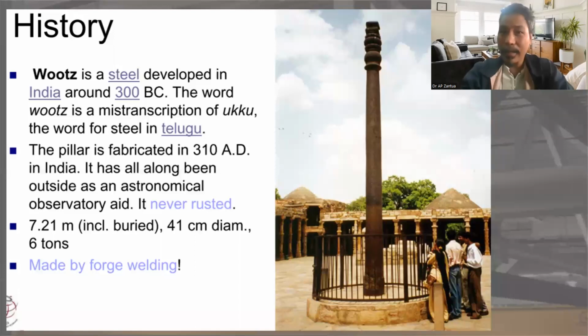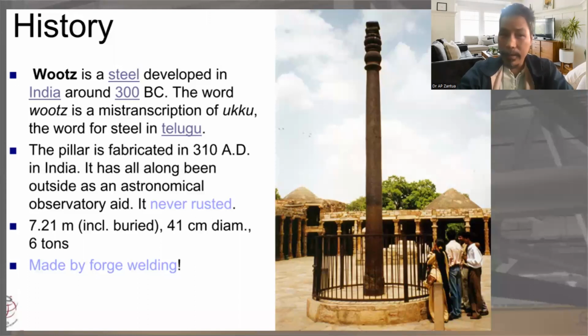And studying the reflection, the angles, the height, they will relate those variables and therefore compute or estimate astronomical occurrence or phenomena. So as you can see, it never rusted. 310 AD.